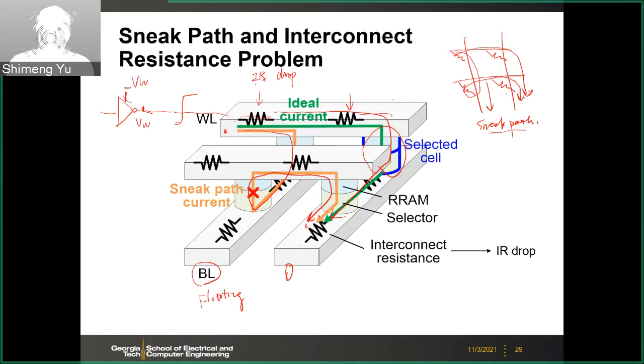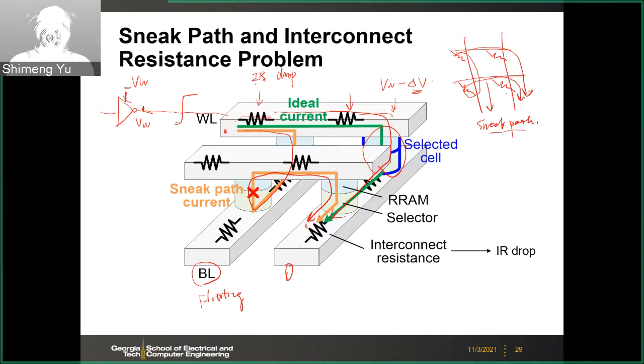At the end of the wire, your voltage will see some drop. This delta V is due to the voltage drop across the wires. So the last cell along the wire line will see less voltage. And if this IR drop is substantial, then the last cell might not be able to be successfully written because you don't have enough voltage.